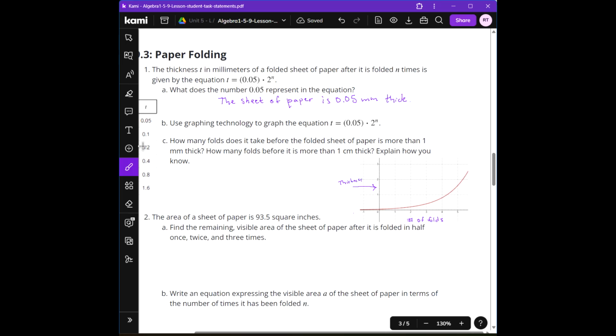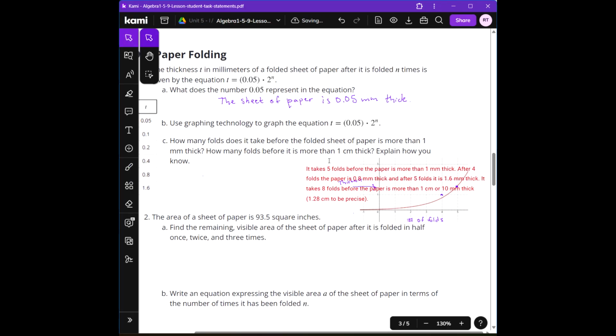And so we can see here that at 4 folds, it is less than 1 millimeter. At 5, it's more than that. So it takes 5 folds before the paper is more than 1 millimeter thick. After 4 folds, it is about 0.8 millimeters thick. So that's what the table and the graph are telling us.